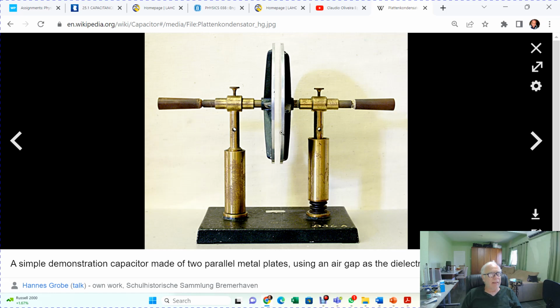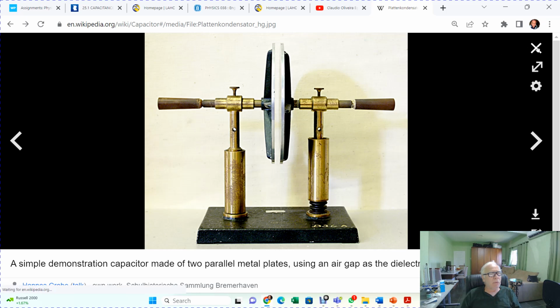You're going to have an electric field between those two plates, an electric potential difference as well. And you saw before that the electric field is going to be uniform here, right? It's going to be a uniform electric field here. And this is a capacitor where you can change the distance between the plates. Okay, it's a capacitor that has a variable capacitance because you can change the distance between the plates.